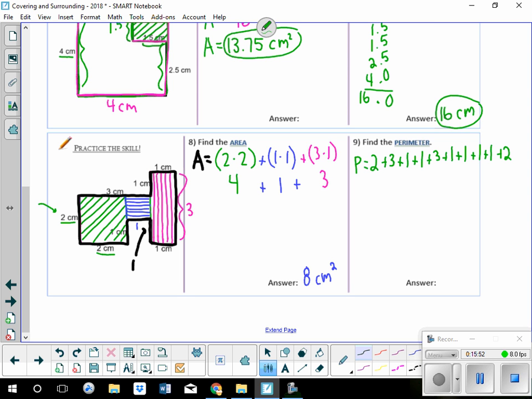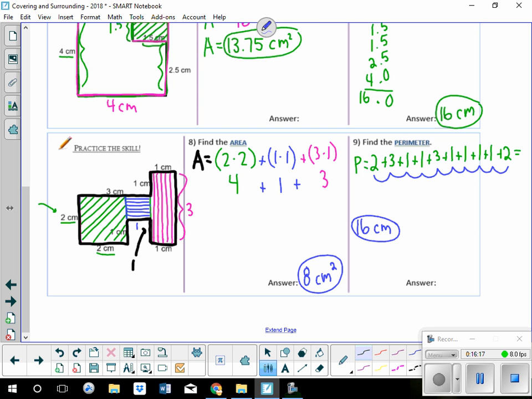Okay. Add them together. 2 plus 3 is 5, 6, 7, 10, 11, 12, 13, 14, and then 16. And what's my label, crew? Centimeters, exact. And I'll circle my answers in these 2 places. All right, let's head to your next page.